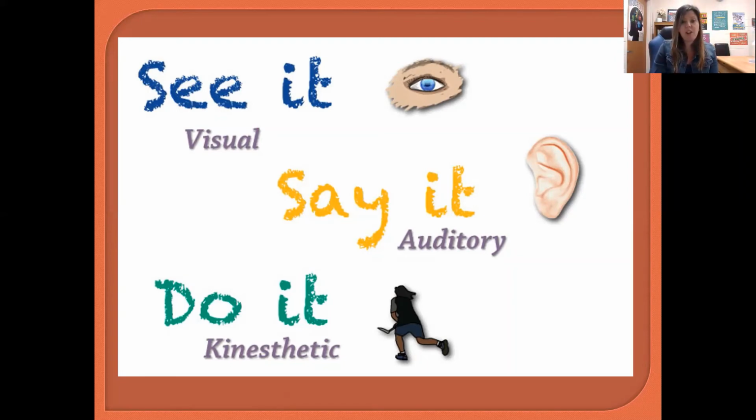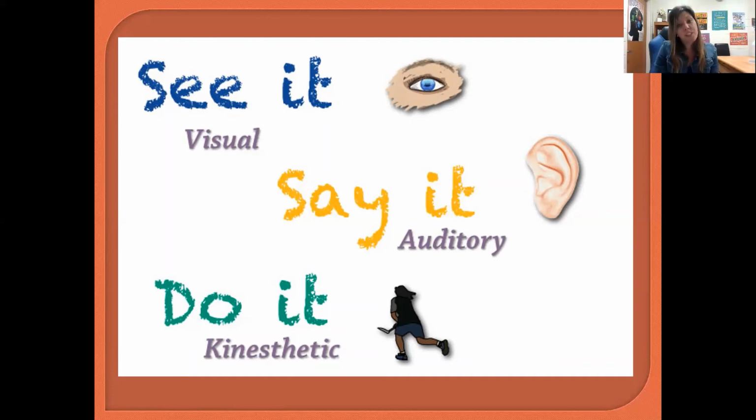Any answer of B means that you are an auditory learner, which means that you learn from saying it or hearing it. And any answer of C means that you are a kinesthetic learner and that you learn by doing it, by hands-on activities. And like I said, it is totally possible to have a combination of these three learning styles.